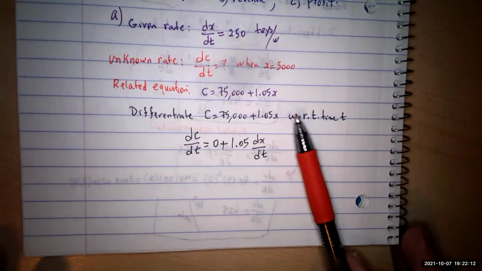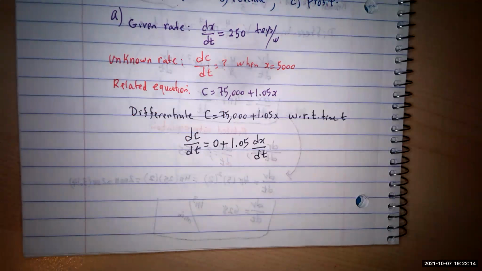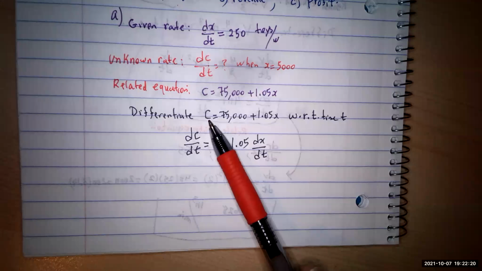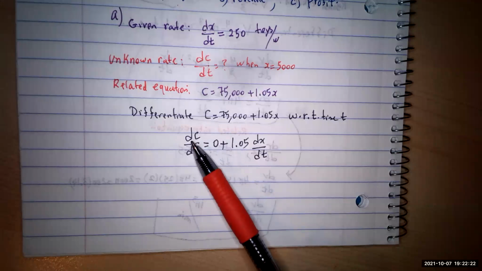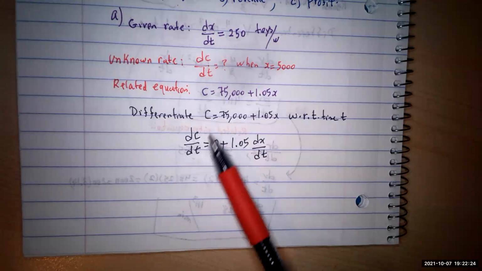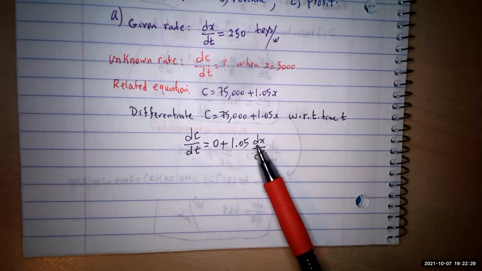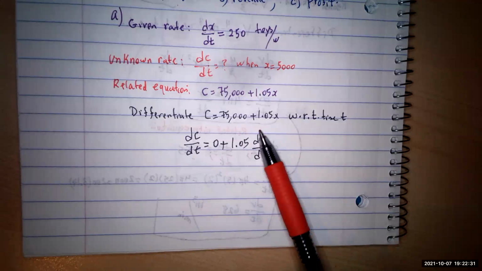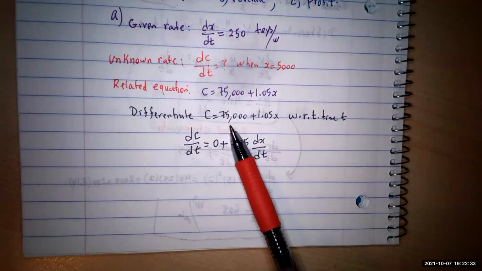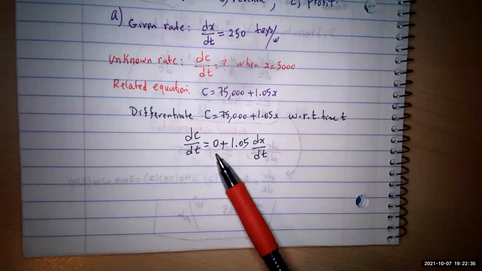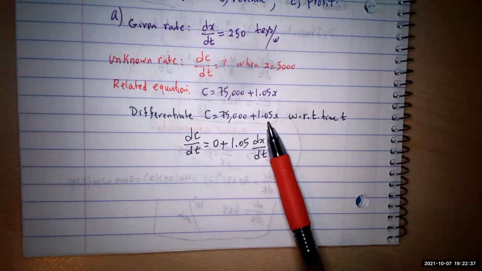So what we do is we just differentiate. But the derivative is going to be with respect to the time. So instead of saying c prime, you are going to say dc dt, the rate of the c with respect to the time. We differentiate as usual. The derivative of 75,000 is a number, which is 0, and the derivative of 1.05x would be 1.05.